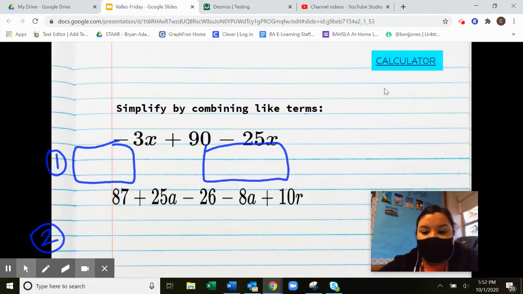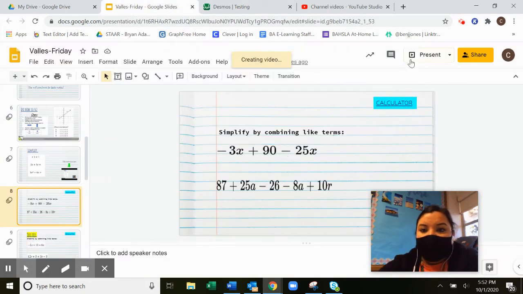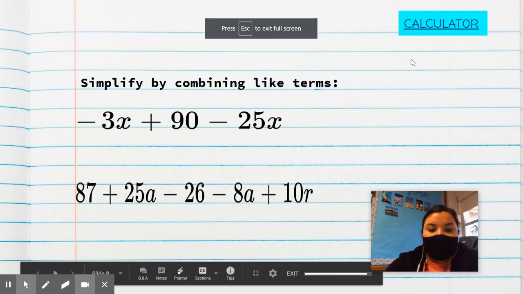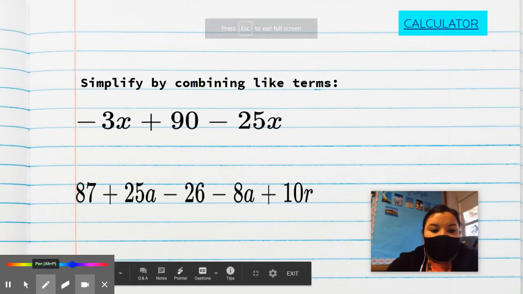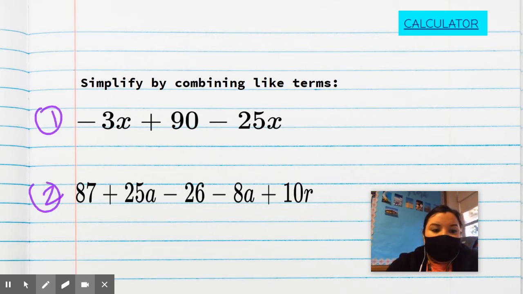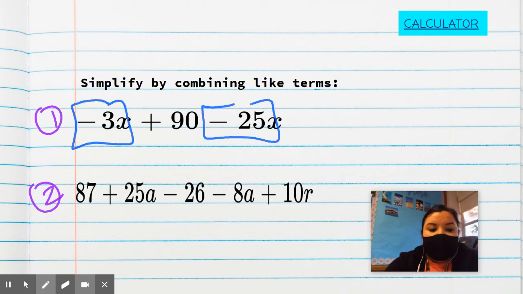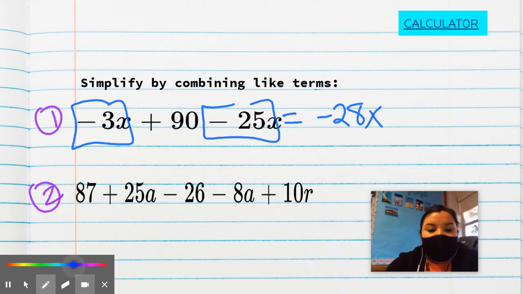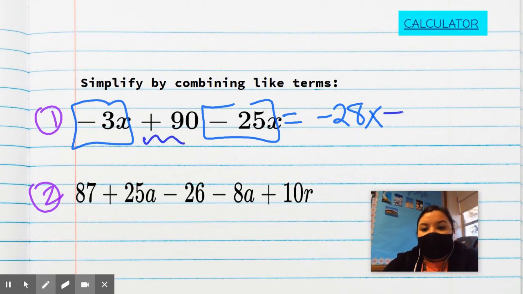Okay, so that was going to equal minus 28x. And then the 90 is just there. There's nothing else to combine that with. There's no other term that's boxed with it. So it's just plus 90.